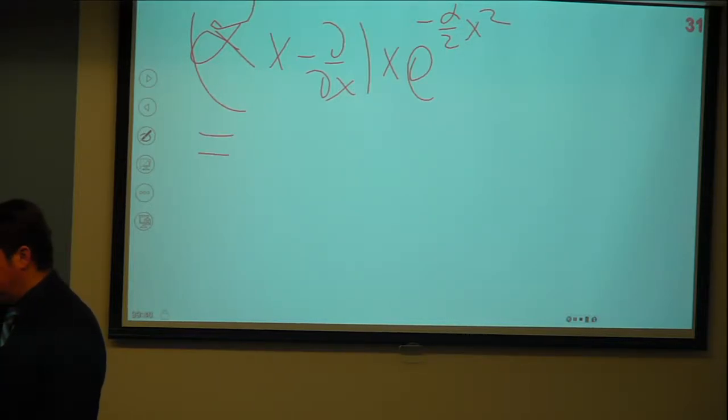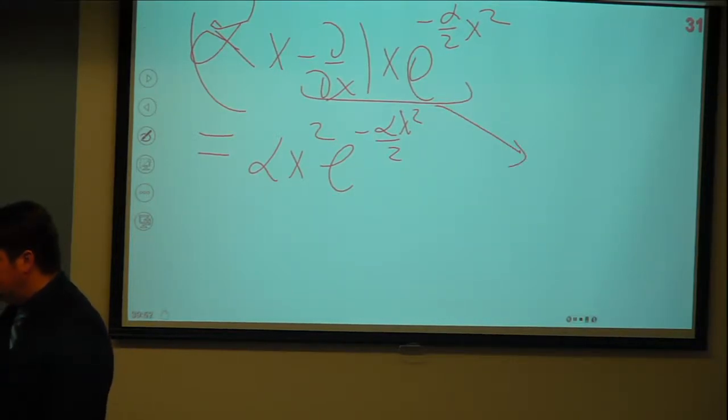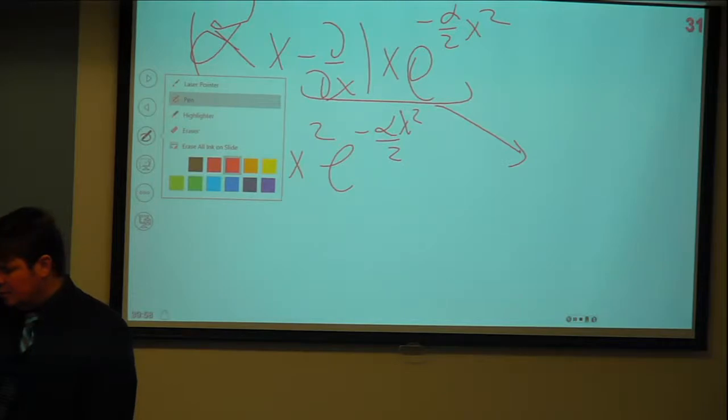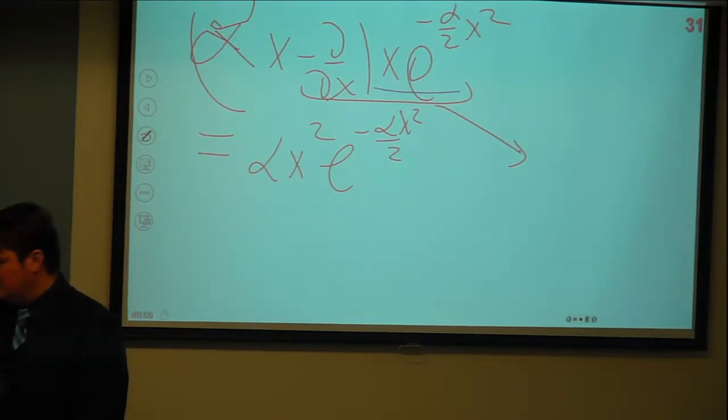So the first term will be just alpha x squared e to the minus alpha x squared over 2. And then there will be two terms here inherited from applying the derivative over position to a product function, right?